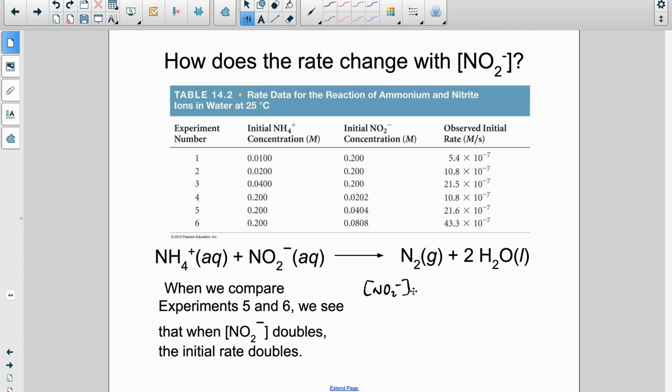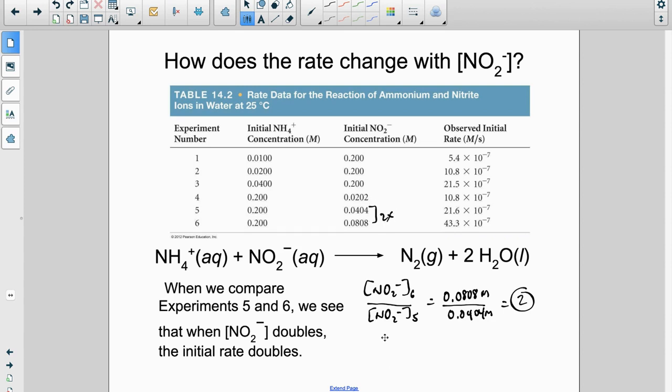NO2 minus from experiment 6, we put that over the concentration from experiment 5: 0.0808 molar over 0.0404 molar. That is equal to 2. Now let's look at the rates.